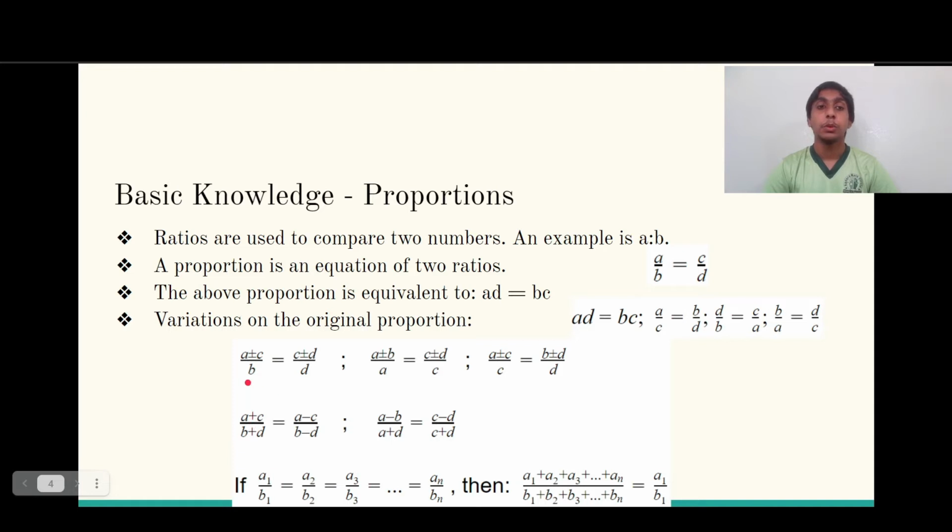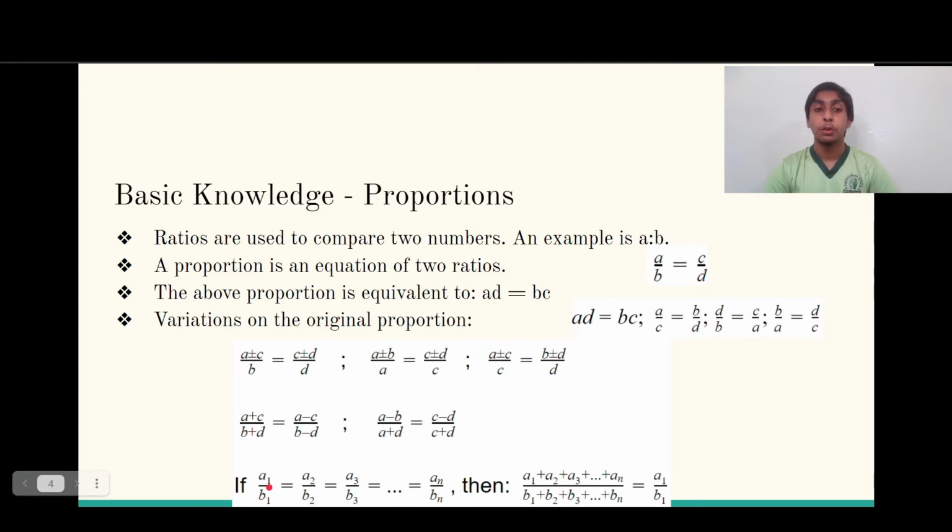Basically, what we're doing here is we're given our original proportion, A over B is equal to C over D, and then we're going to add something or subtract something, and the proportion will still stay true. Here's some more. A plus C over B plus D is equal to A minus C over B minus D. Another one is A minus B over A plus D is equal to C minus D over C plus D. So basically, we're taking this original proportion and we're modifying it in different ways to create new proportions that are still true.